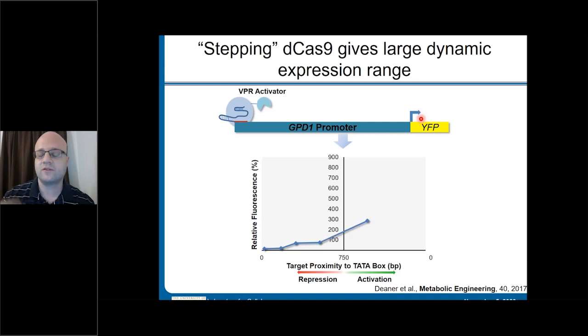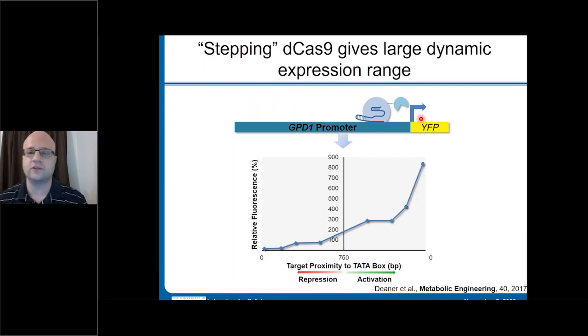And then if we switch that over to an activator, we get activation of that gene expression. As we step that closer and closer to the transcription start site, we ultimately get higher and higher levels of actuation. So we can think about this as a knob in which we can use these elements to tune up and down the expression of various different genes of interest.